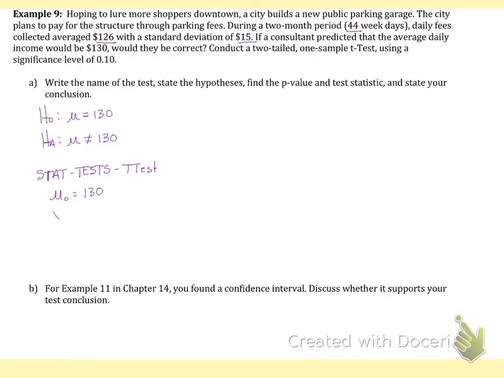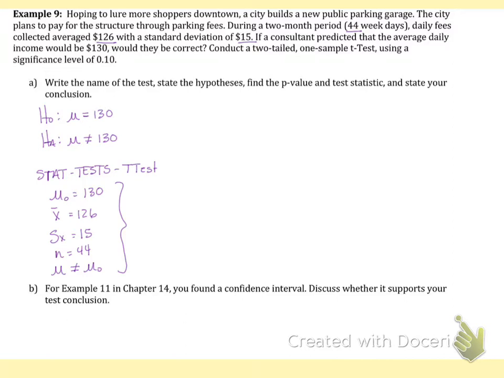The sample mean is 126. The sample standard deviation is 15. The sample size is 44, and we are looking to see if the sample is not equal to the null hypothesis.